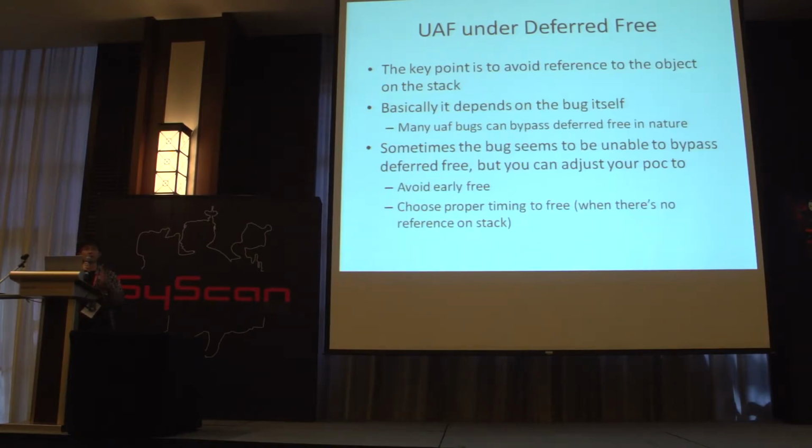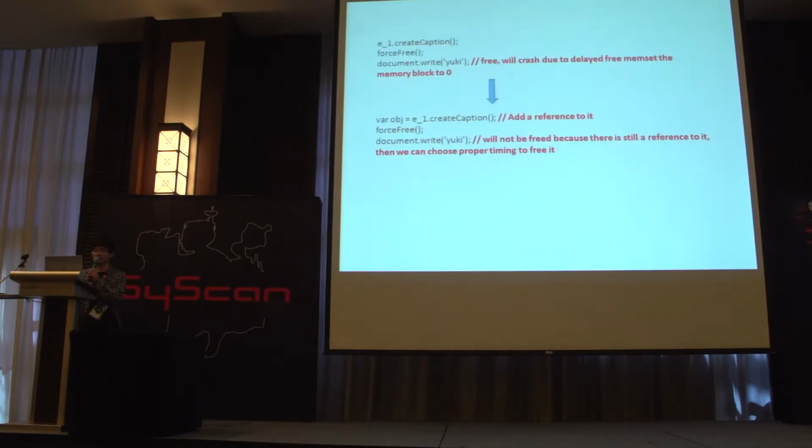But if you adjust your POC to let the object be freed in another code path, maybe there will not be any reference to it. To be able to adjust your POC in this way, you must have a deep analysis of your bug to understand the root cause, and maybe you can adjust it. Here is an example of a patched UAF bug.